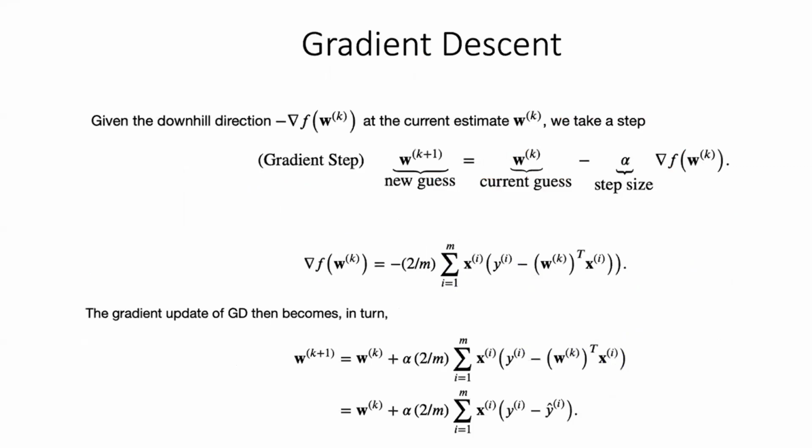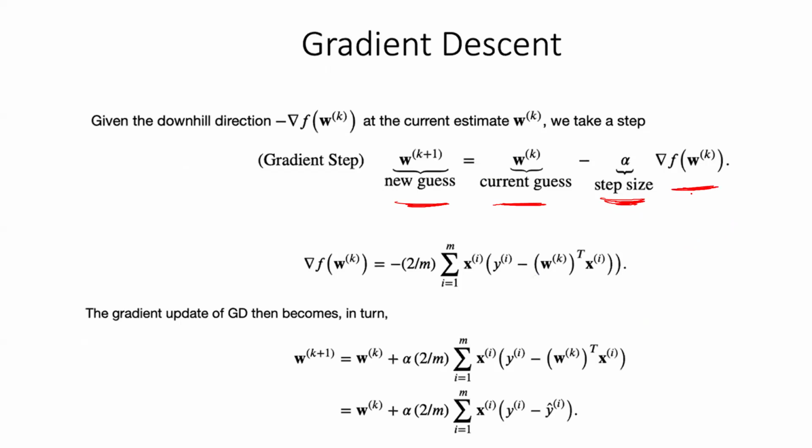And to find out the gradient descent, what we do is the new guess, that is wk plus 1, is nothing but the current guess, what you have previously guessed about the weight, minus the learning rate alpha times the gradient.